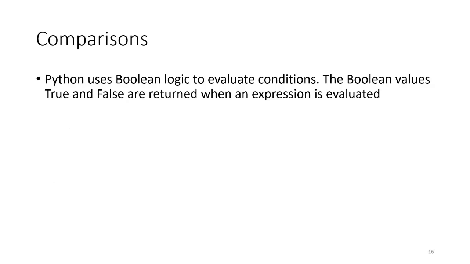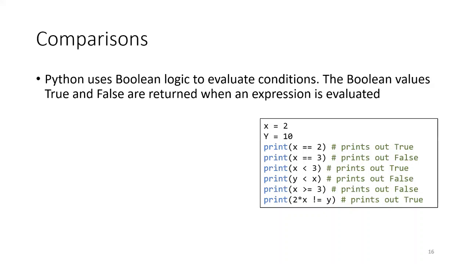Python uses Boolean logic to evaluate conditions. And the Boolean values, remember from the previous lecture and also the lecture on binary numbers. The Boolean values are true and false and are returned when an expression is evaluated. So here we have two variables being x and y, and we want to make some set of comparisons on them. For example, we want to see whether or not x is equal to 2.